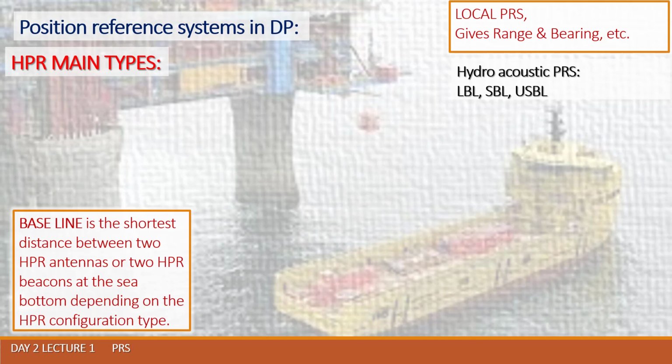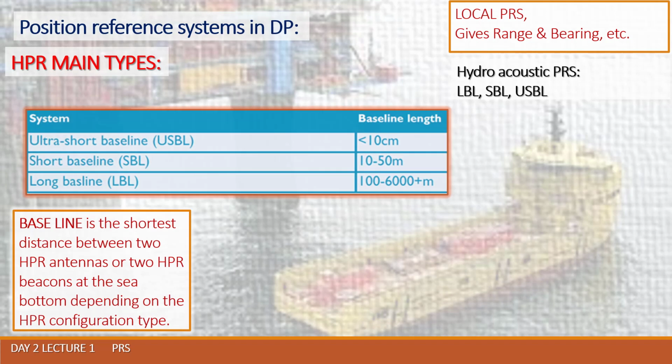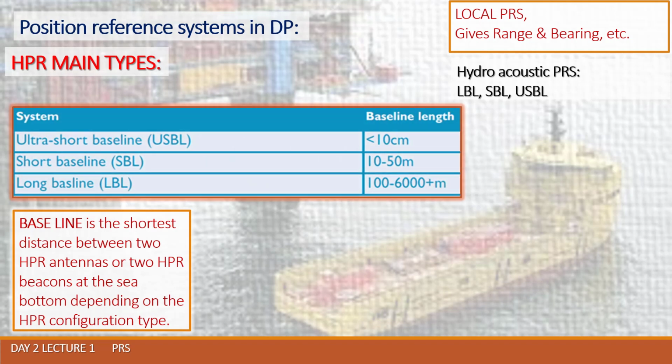Before we continue, please let's establish the length of the baseline for different types of HPR equipment. For ultra-short systems, the baseline is always less than 10 centimeters between involved elements. For short baseline equipment, the distance between elements of the system varies from 10 to 50 meters.